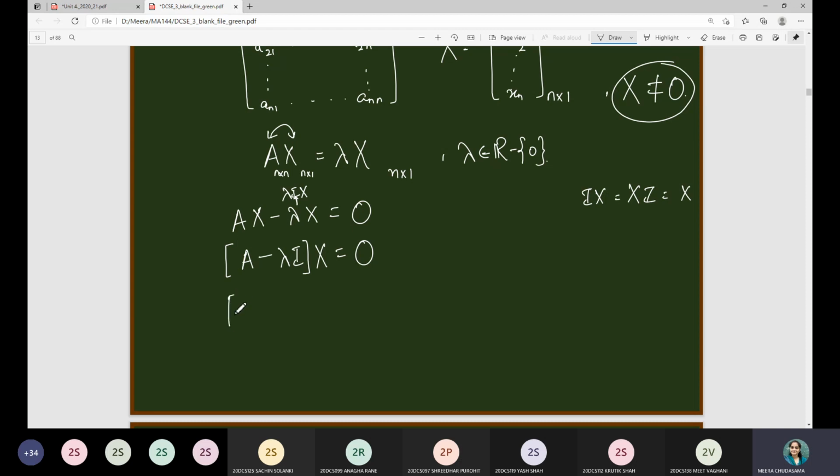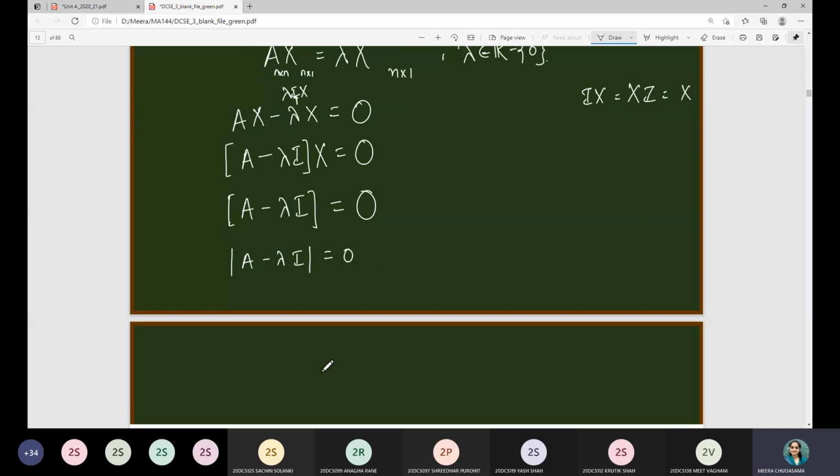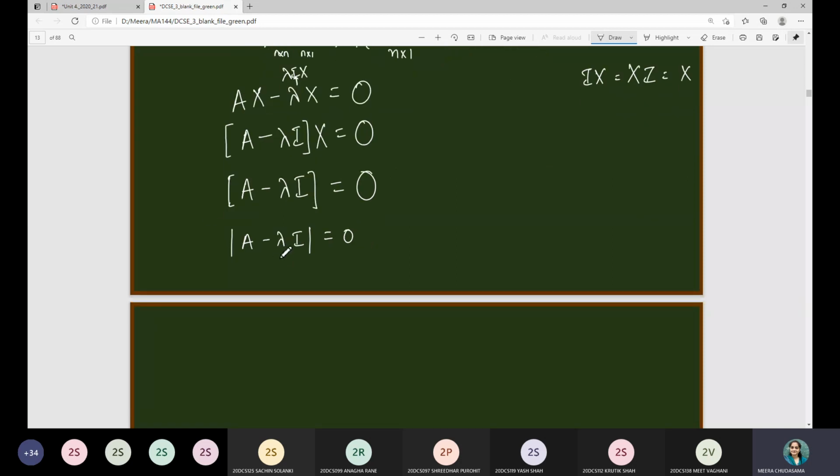It means the A minus lambda I matrix has to be singular. In that case, if I consider the determinant, means determinant of A minus lambda I, then this has to be 0. So when I solve this determinant, I will have a polynomial of degree n.